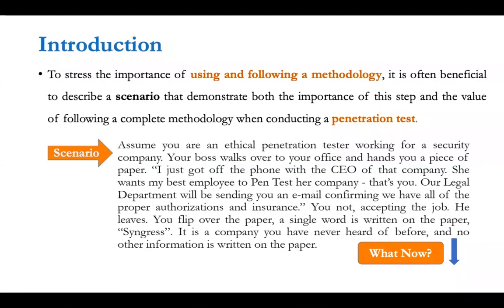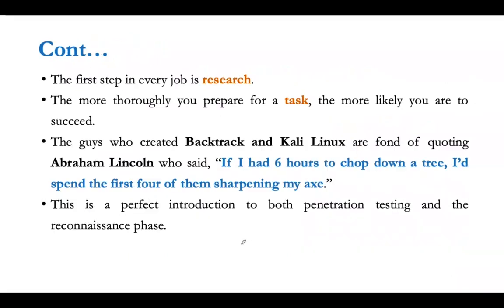The more thoroughly you prepare for a task, the more likely you are to succeed. The guys who created BackTrack and Kali Linux are fond of quoting Abraham Lincoln: if I had six hours to chop down a tree, I would spend the first four hours sharpening my axe.